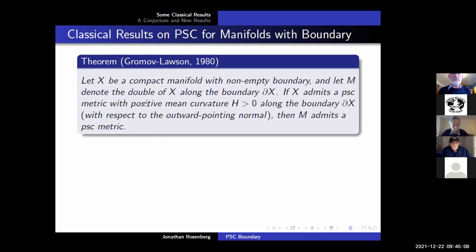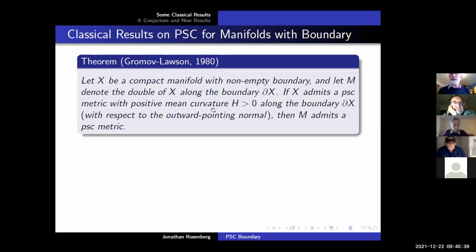By the way, let me say something about what positive mean curvature means, because there's some confusion in the literature and there's no agreement on the sign convention. So it's very important to get the sign correct. What I mean here by positive mean curvature for the boundary is that if you take the boundary and push it further out, the area of the boundary in the appropriate dimension would go up rather than down.